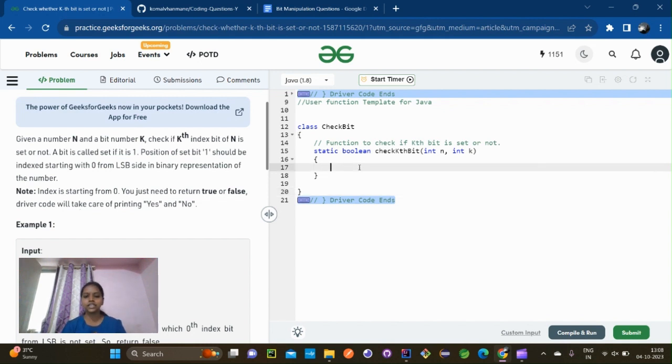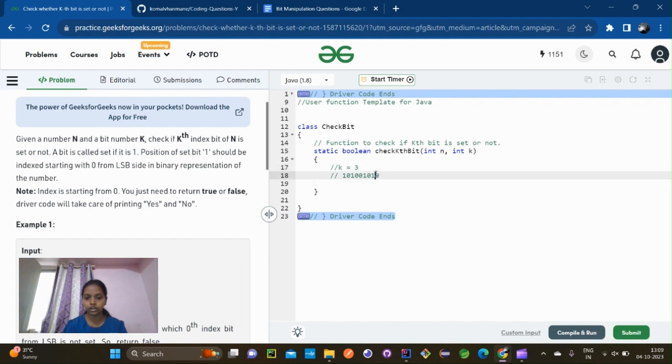Okay, so let's say an example is this. This is the binary representation of a number. Let's suppose k is given as 3. So how are we going to check the kth bit? From the LSB side, that means from the right side. So this is 0, 1, 2, and 3.